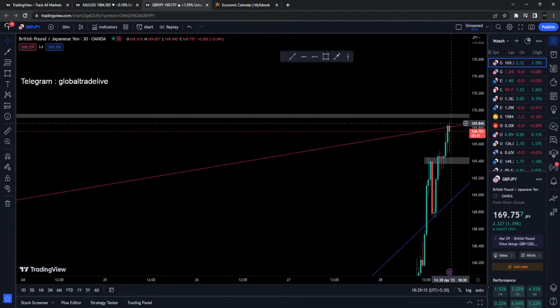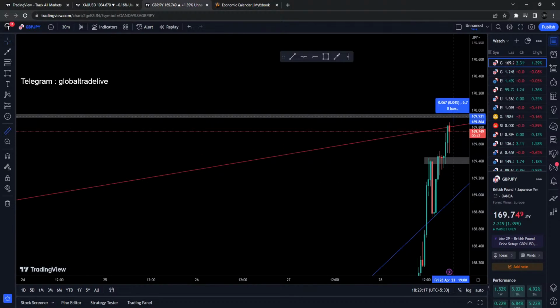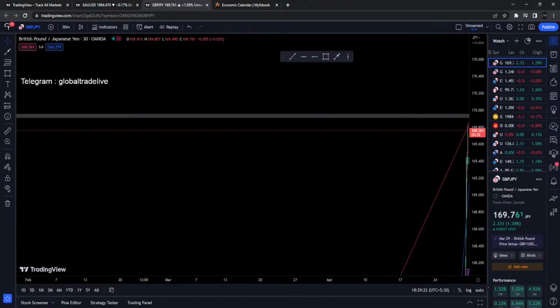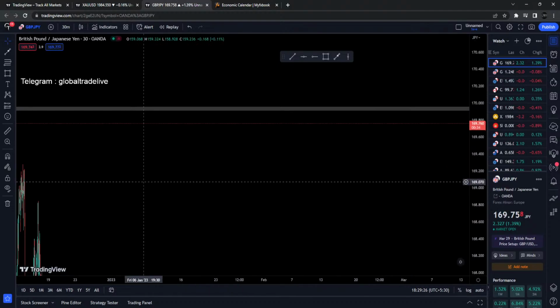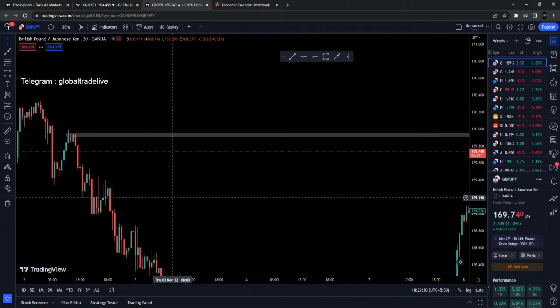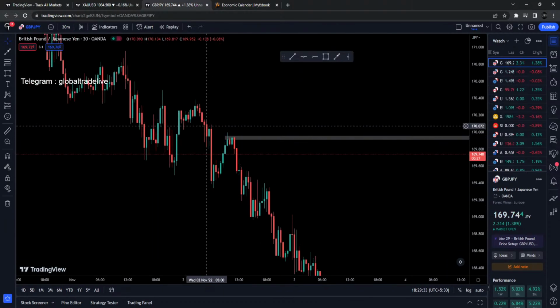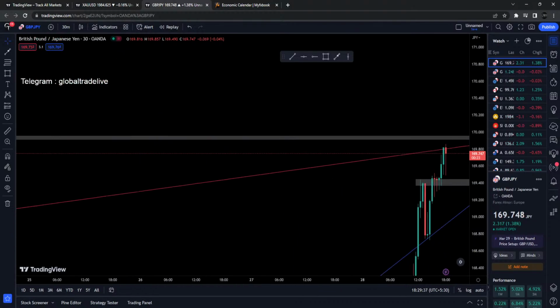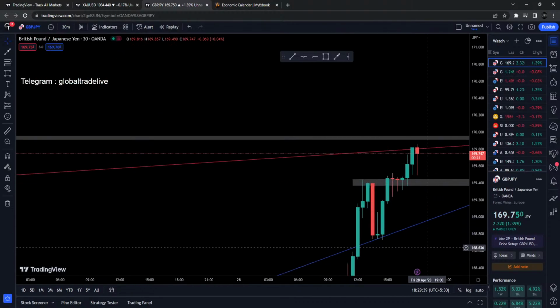But if we talk about this point over here, then there is no range. So let's look at the higher areas above this range. Nothing much is happening, but I really think that it's gonna move down. I strongly think that it's gonna move down from here.